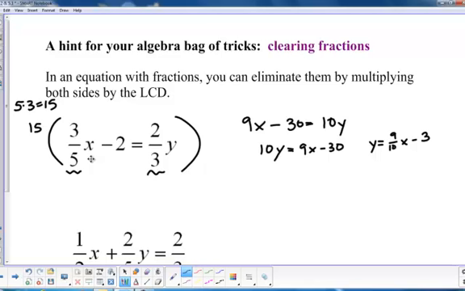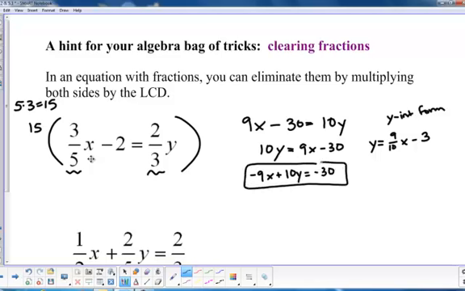And if we wanted it in standard form, this is y-intercept form, we could just bring this 9x back. So like negative 9x plus 10y equals negative 30. So this equation is the same as this equation, which is the same as the initial equation, which is not looking very enjoyable to work with.